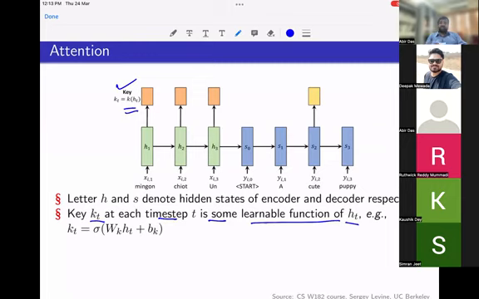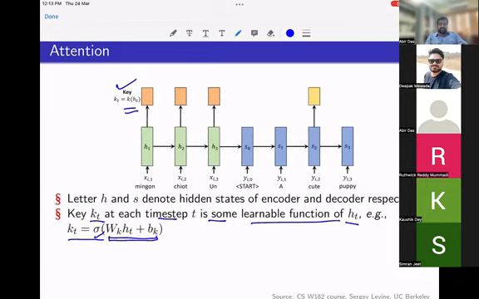We have seen many learnable functions used in deep neural networks or convnets. So k_t is sigma of a linear layer followed by a sigmoid, some non-linearity. It can be ReLU even, or some other form of function. A very simple choice is this, and most of the time this often does the job.